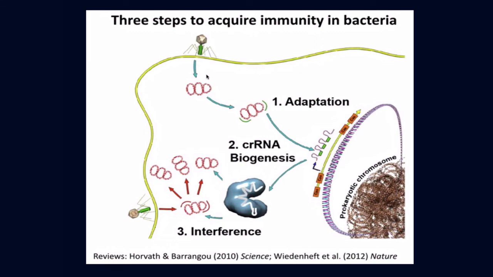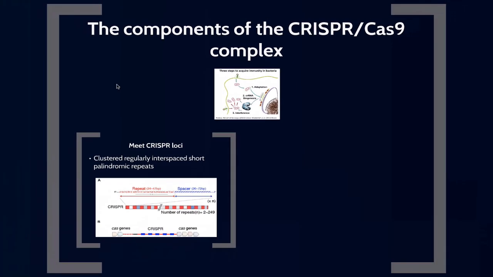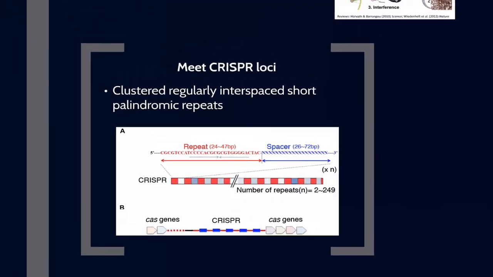Okay, so if this host cell has CRISPR loci that have been exposed to this virus before, then those CRISPR loci can bind to the new viral RNA that's being inserted into the host cell and degrade it. So essentially they interfere with the viral replication cycle, thereby rendering the bacterium immune to the viral infection.